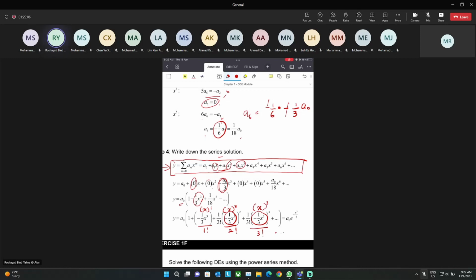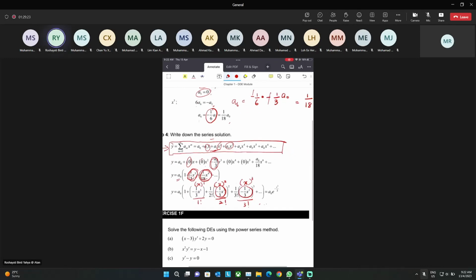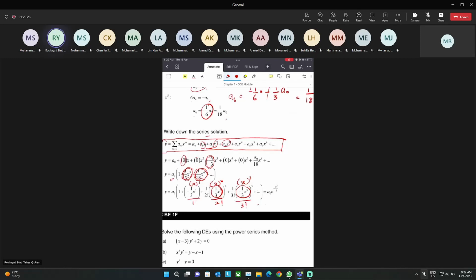So if you recalculate the value in the bracket, you will get back this answer. Okay. So here, for example, we look at 1/3 x cubed to the power of 2 over 2 factorial.